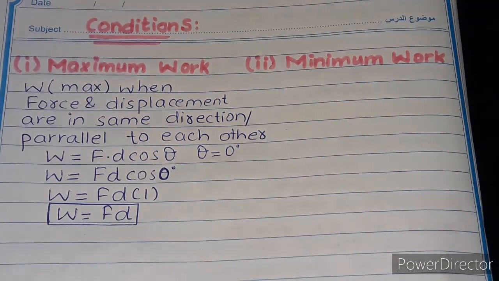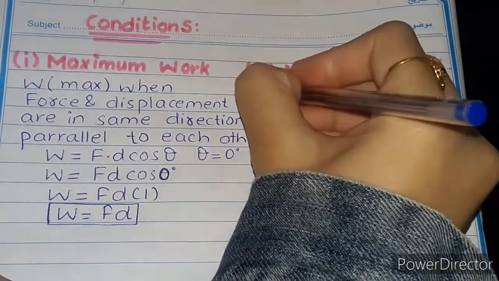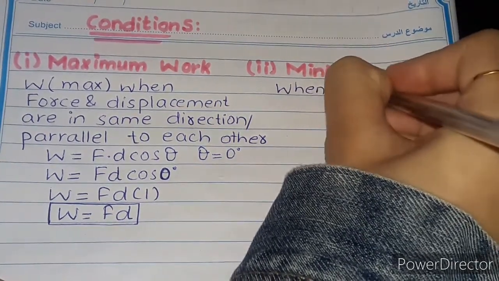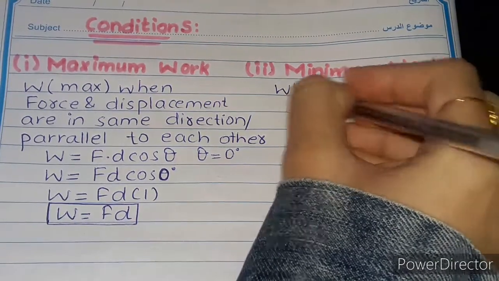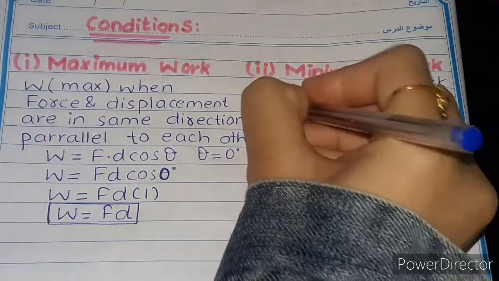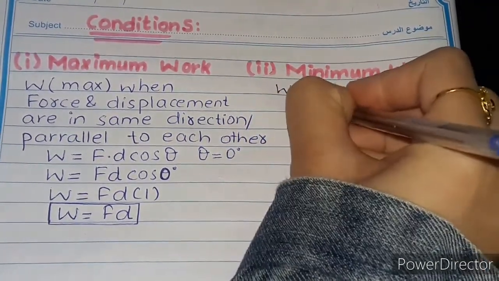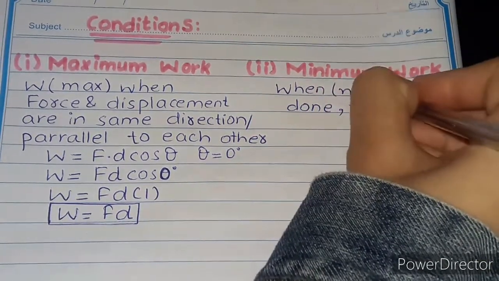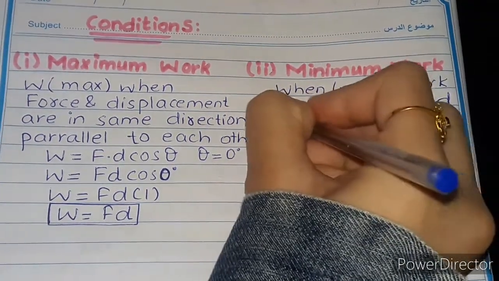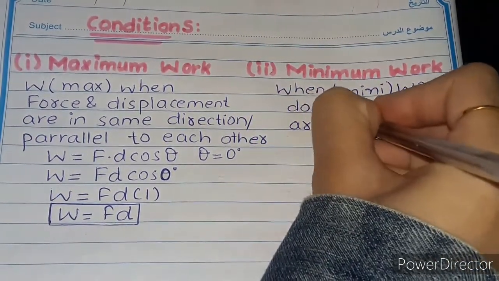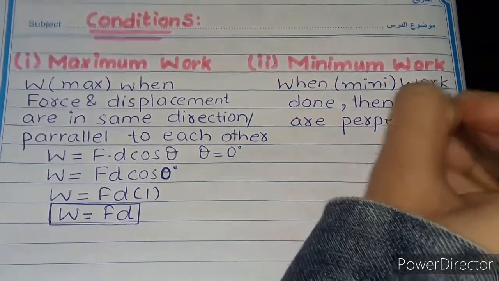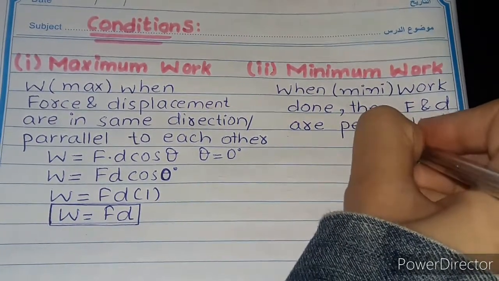Next is when the work done is minimum. Work done is minimum when force and displacement are perpendicular, making an angle of 90 degrees.